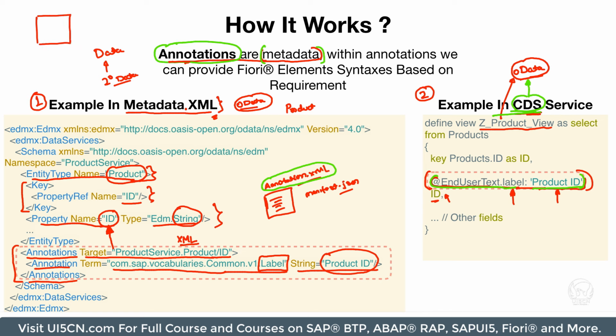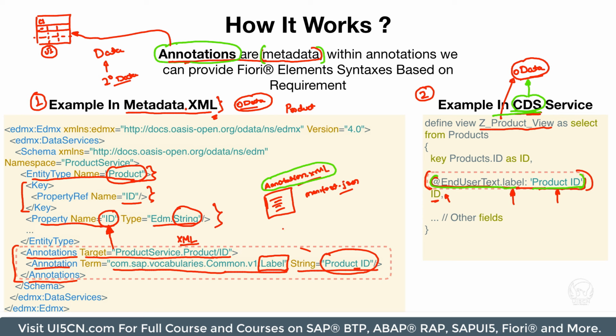Now we have talked about annotations, which are metadata. What the UI does is pick up these annotations, and based on them, it creates the UI. Imagine we have a list, and the list represents multiple columns, with multiple rows and multiple columns. The column name, say C1, has the product ID. What will be the label here? If I'm creating a UI and I know that I have to create a list, then the ID needs to have a column header name.